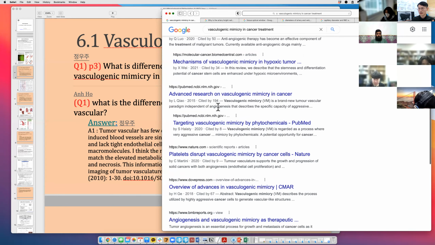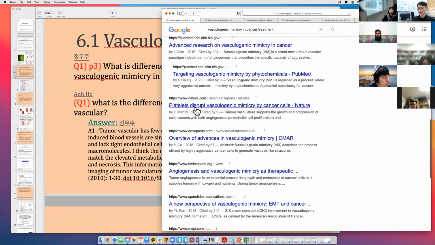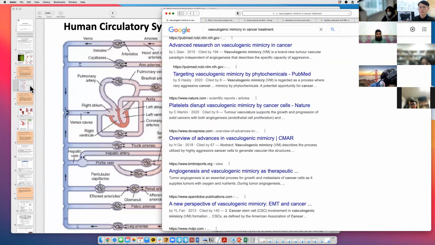And as I said to you, targeting vasculogenic mimicry by phytochemicals, and even platelets disrupting vasculogenic mimicry by cancer cells. These are basic research, but interesting and important when we develop new and better treatments which avoid the current ways of treatment.